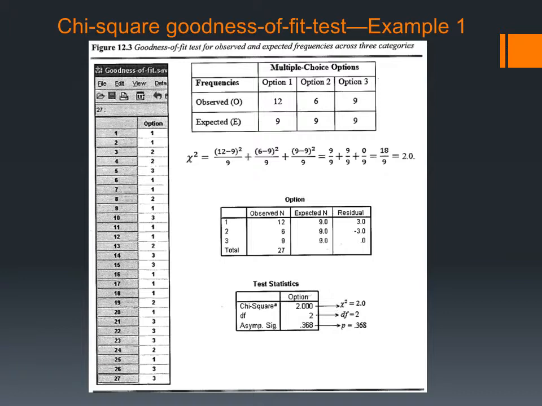And the survey question has three options. For example, the 27 students I mentioned who have to choose between attending a community college, a public four-year institution, or a private university. If they were just to randomly pick one of the three, perhaps there'd be an equal chance of picking option 1, option 2, or option 3.